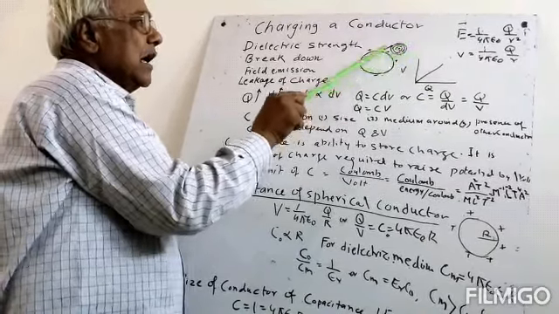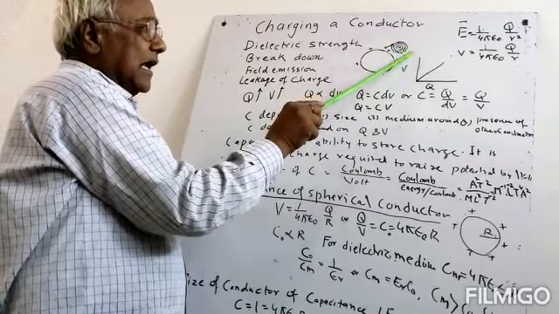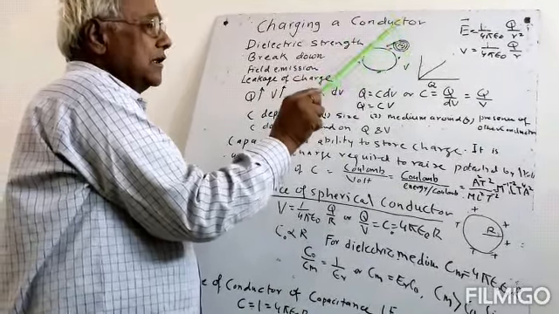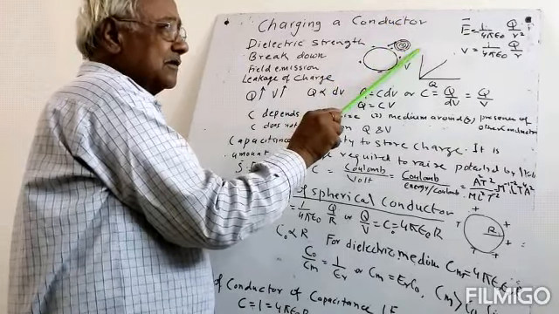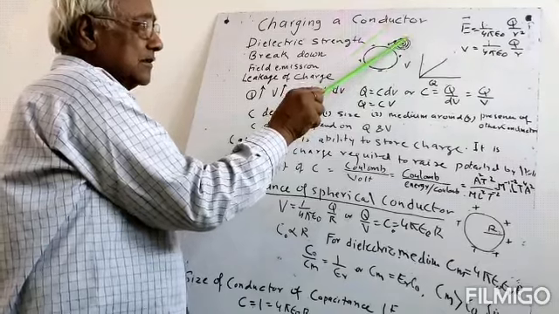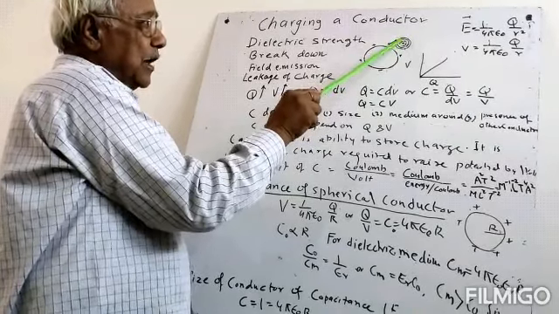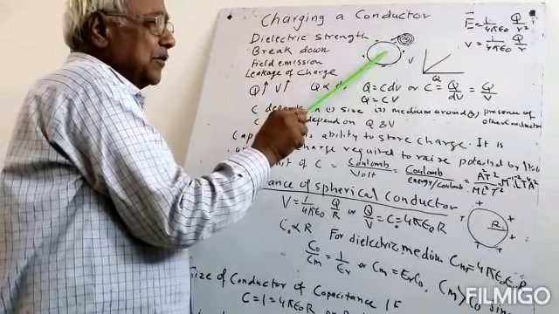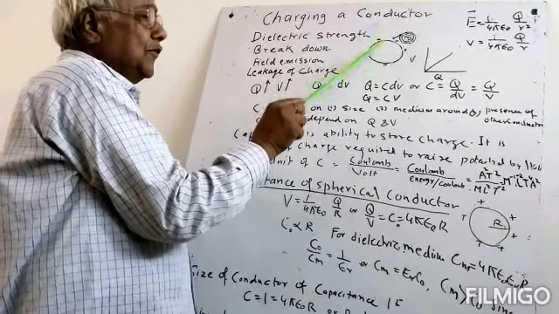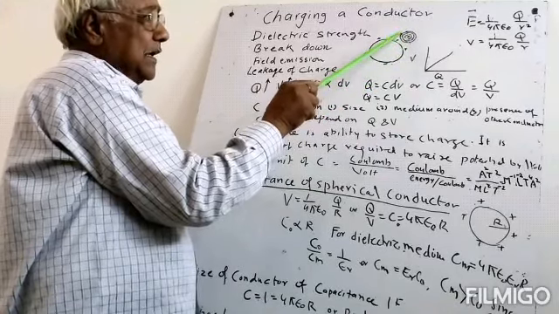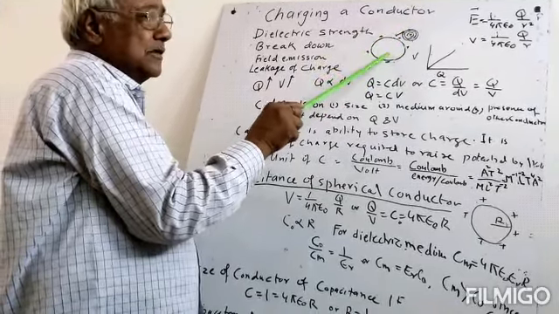So the dielectric medium will lose the insulation. Now this electron which is pulled out by the electrical field, this phenomenon is known as field emission. Now this electron will be accelerated towards the positive charge.